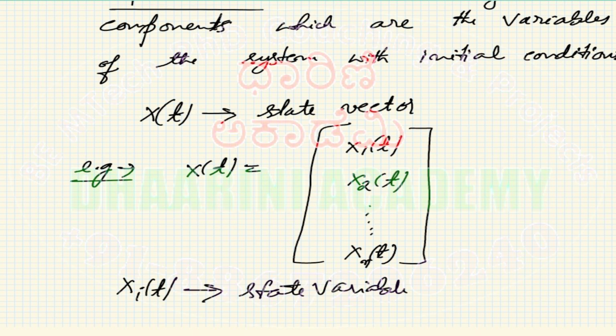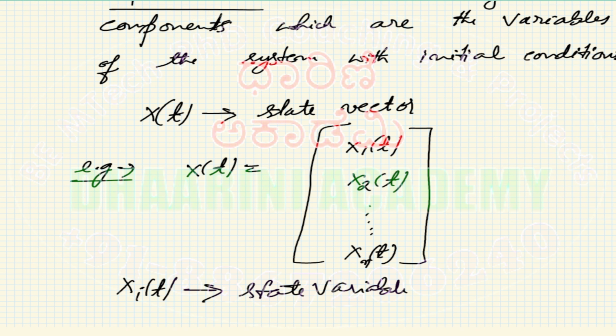So at t equal to t1, all the values before t1 can be used as initial condition, and for any t greater than t1, t equal to t1 becomes the initial condition.